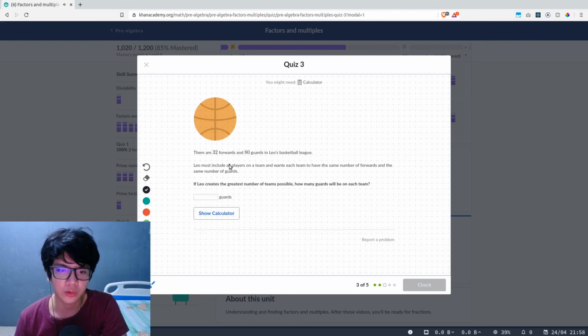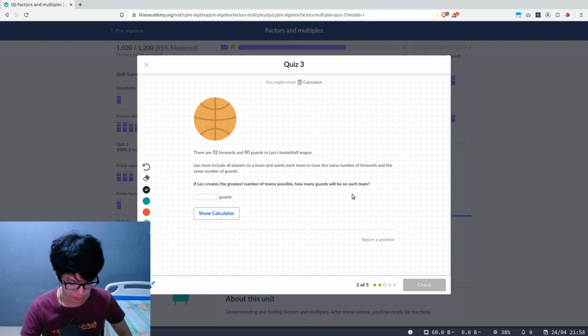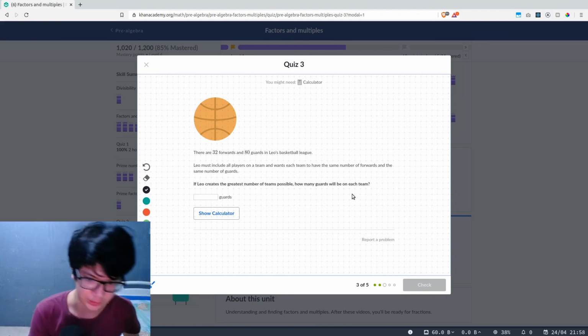There are 32 forwards and 80 guards in Leo's basketball league. Leo must include all players on a team and wants each team to have the same number of forwards and the same number of guards. If Leo creates the greatest number of teams possible, how many guards will be on each team? Let's see.